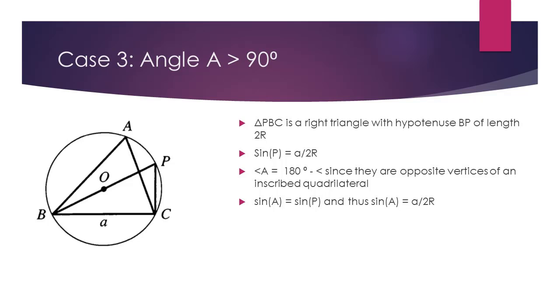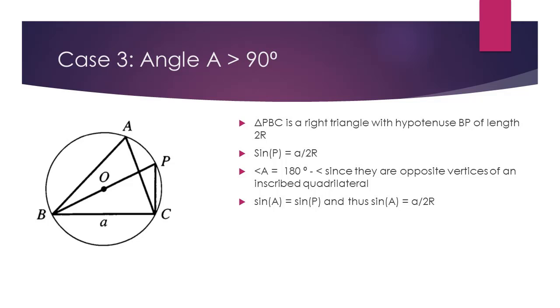Since BP is our diameter, triangle BPC is a right triangle, and therefore we know sine of P is a over 2R, since BP is our hypotenuse and is 2R, and therefore a over sine of P equals 2R.